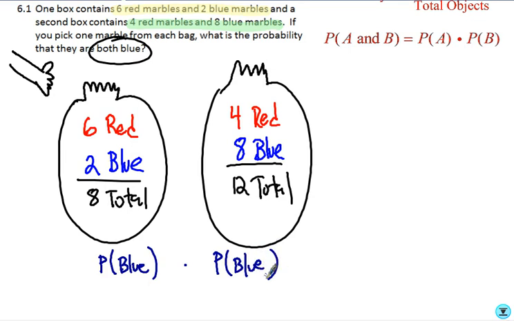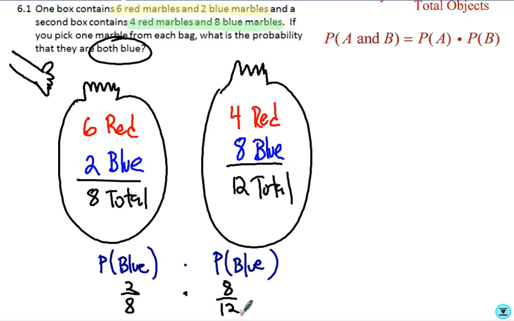There's 2 blue in that bag out of 8 total, so my probability would be 2 out of 8, right? Because probability is what you want out of the total that's there. Blue out of this one, there's 8 blue out of 12. And if I have the probability of 2 different things going on, I multiply the 2 probabilities together.